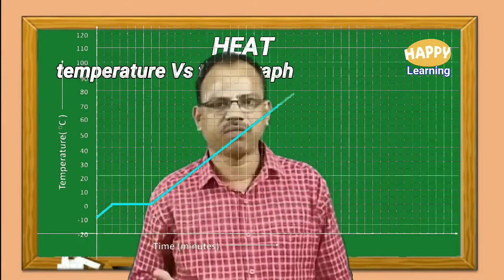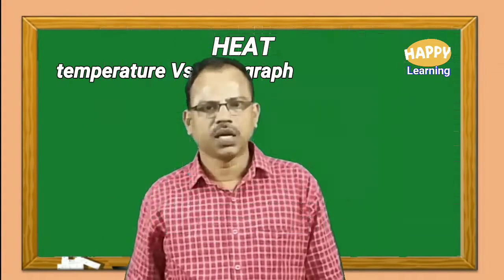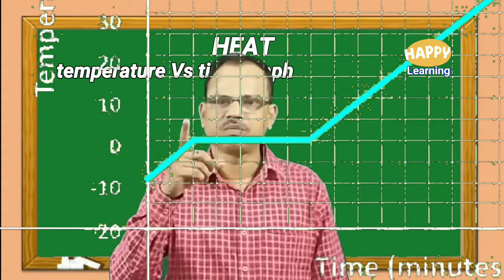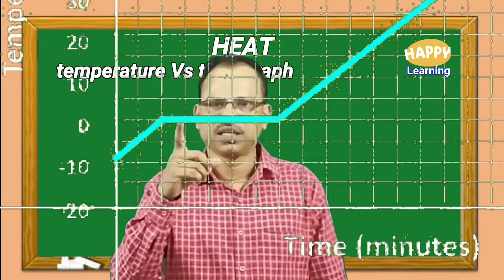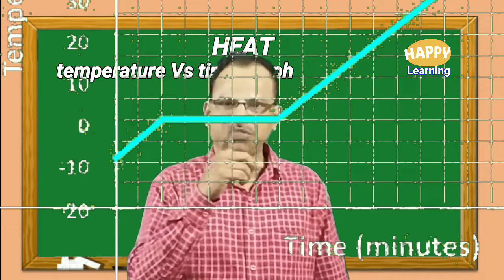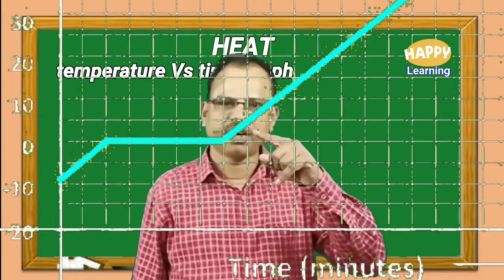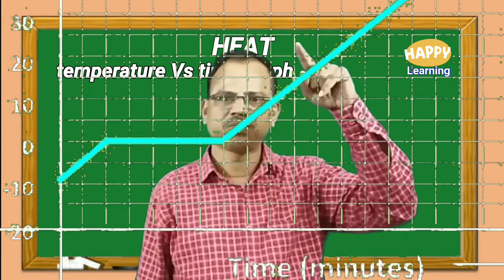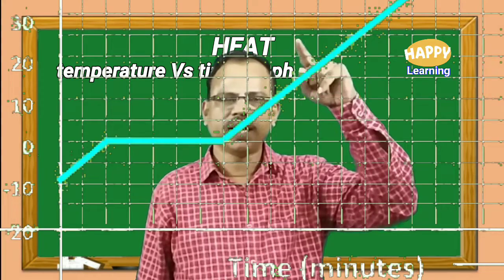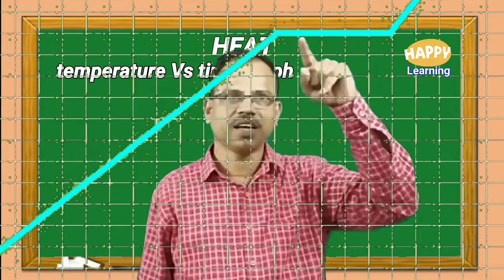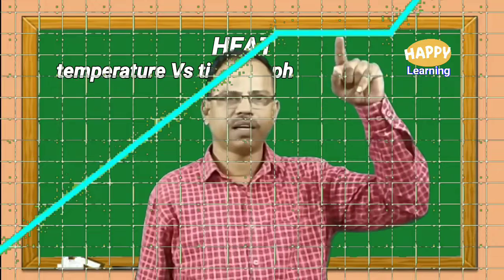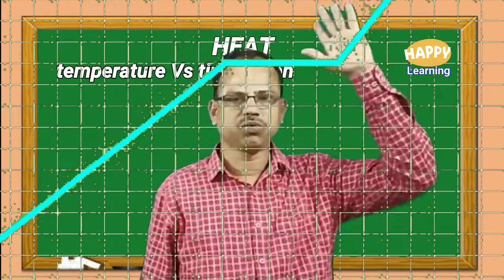You will get a graph like this. At the beginning, it has some slope. Later, for some time, it is flat, parallel to x-axis. Again, this graph has some positive slope. Later, it is flat. And then again, it has some positive slope.